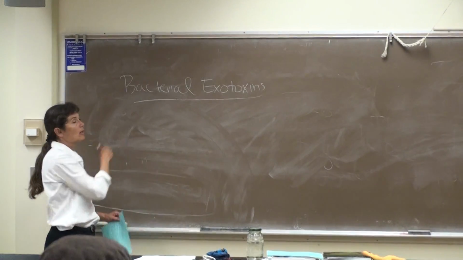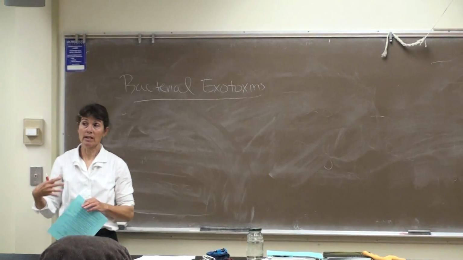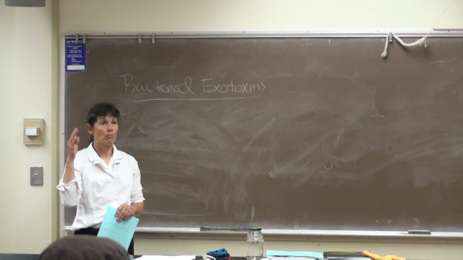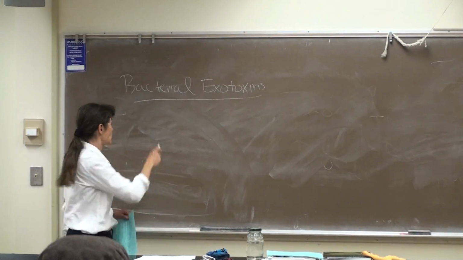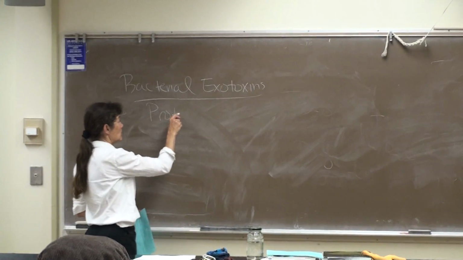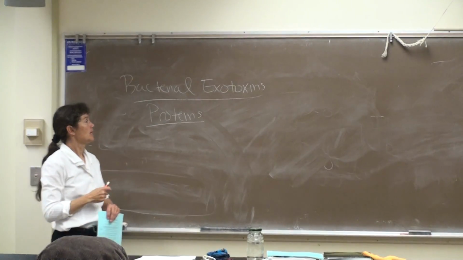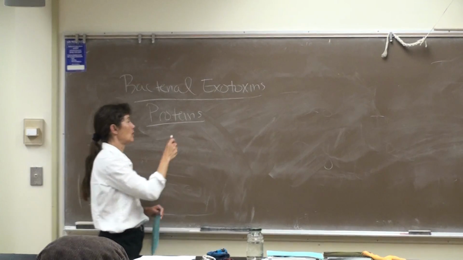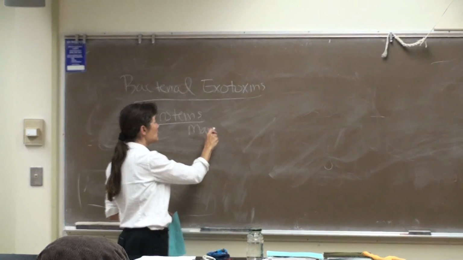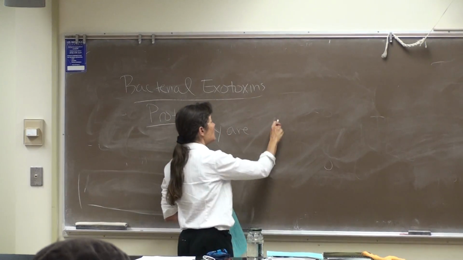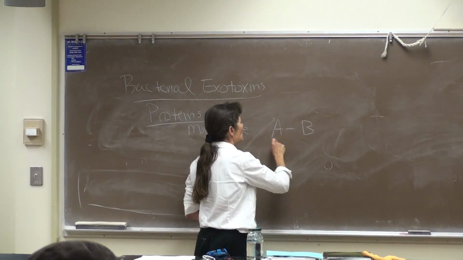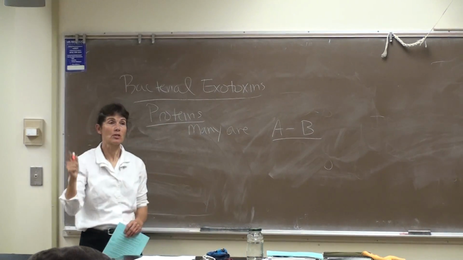Okay, so when we look at composition, that means what is the toxin made out of? By definition, bacterial toxins are all proteins. They're all proteins, okay? And many of the bacterial exotoxins are what are called AB toxins. AB exotoxins are exotoxins that are made of two subunits.